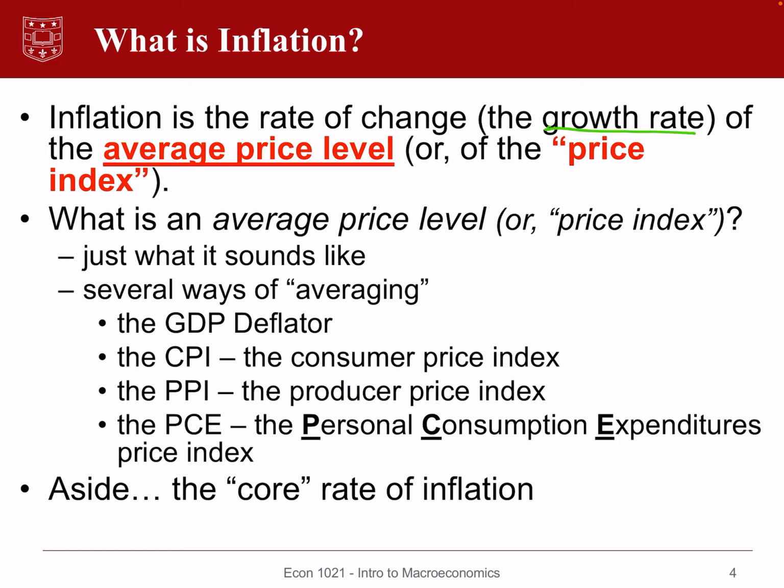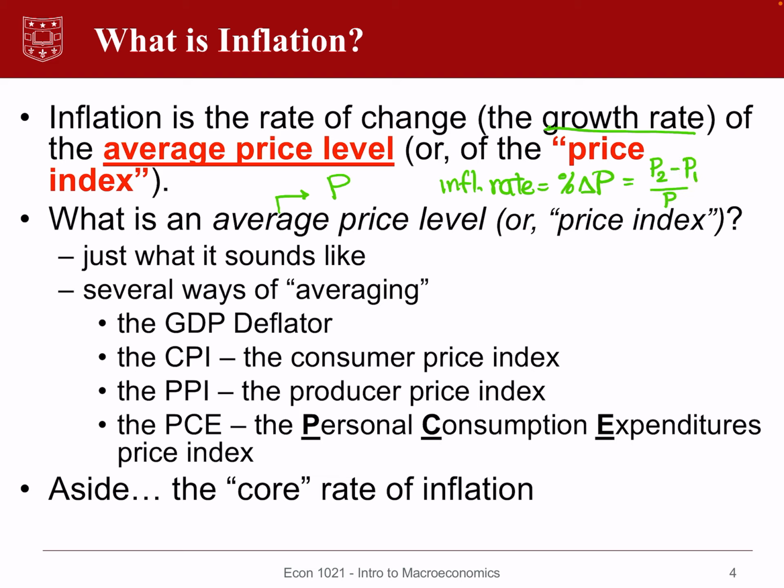So if we define the average price level as this value P, and we have 2 years worth of price level data, then the inflation rate is going to be the percentage change in P. We would do that again as the value of the average price level in year 2 minus the value of the average price level in year 1, divided by the year 1 measure and multiplied by 100 to express it as a percentage.